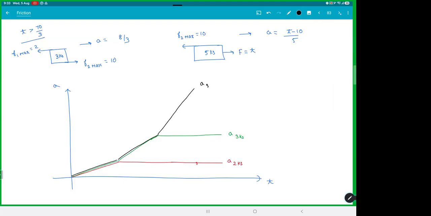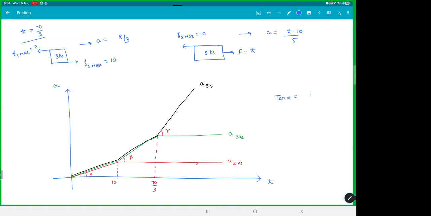This is the 5 kg block. The graph will keep splitting. Let this angle be alpha, let this angle be beta, let this angle be gamma. This was 10 seconds. This was 70 by 3.